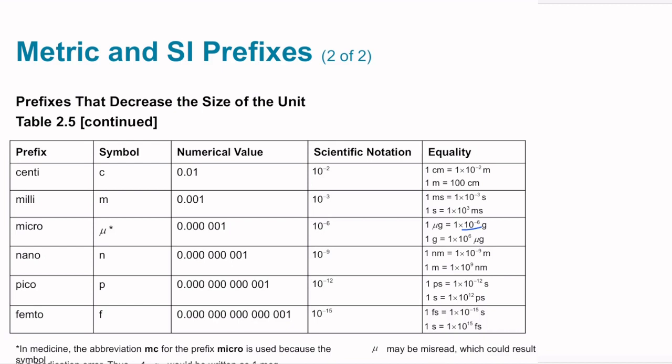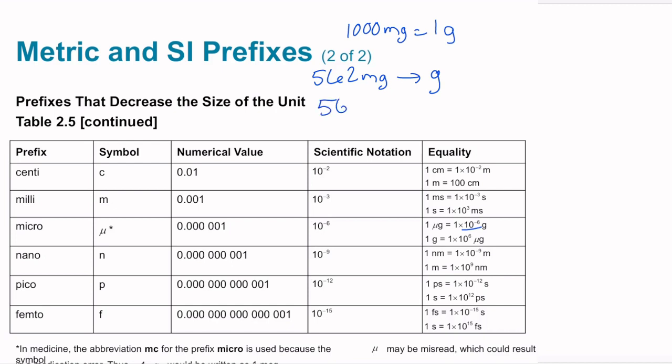Let's say, for example, that we have 562 milligrams and we want to convert that to grams. Well, we have the equality that 1,000 milligrams is equal to 1 gram. So, in order to convert milligrams to grams, what can we do?